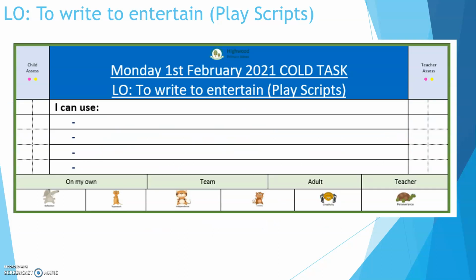So the next thing you need to do before you can actually do any of the writing today is you need to think about some of the success criteria that you're going to use. And we've done this before, so we should be able to understand what we're doing here. On the piece of work that you've got to hand back your work, you'll see you've got 4 blank spots here for success criteria. You need to write down what's going to be in those 4 slots. We would hope that you'd have at least 3.